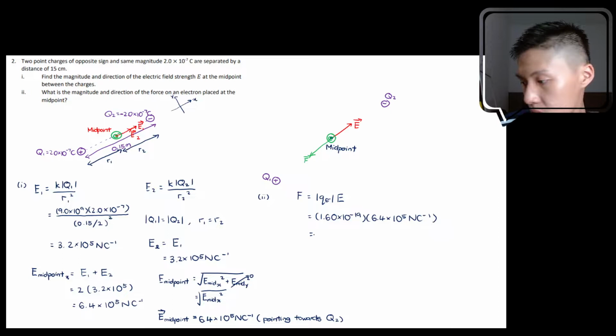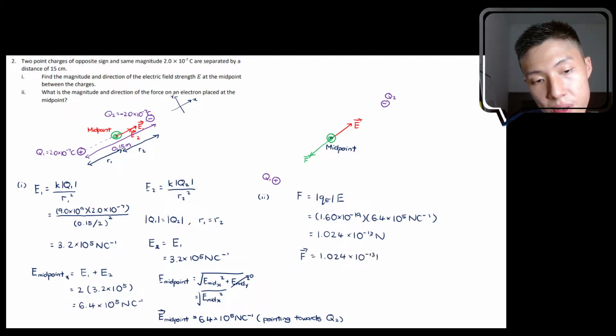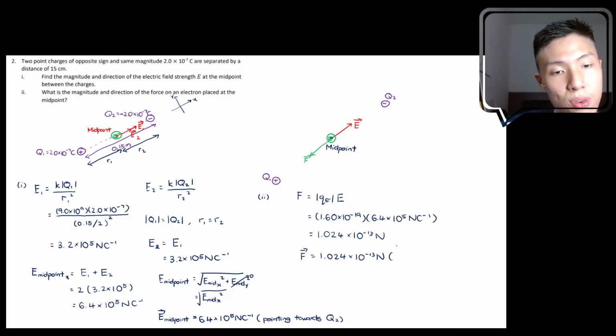Key into your calculator and you get 1.024 times 10 to the power of negative 13 Newton. This is the magnitude. Again, we want the magnitude and direction, so write it in vector form: write the magnitude, then bracket behind, write the direction. The direction is opposite the direction of the electric field, so it's pointing directly towards Q1.